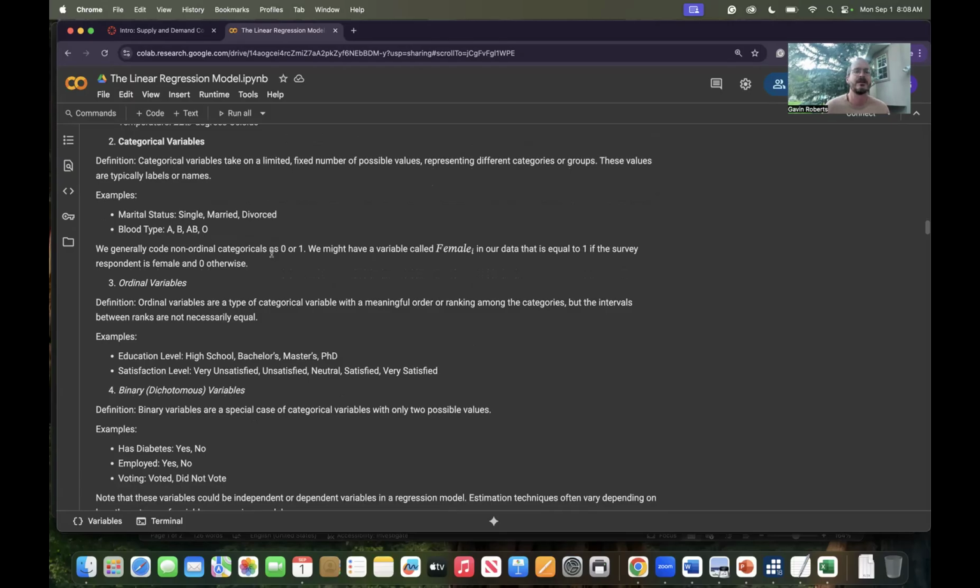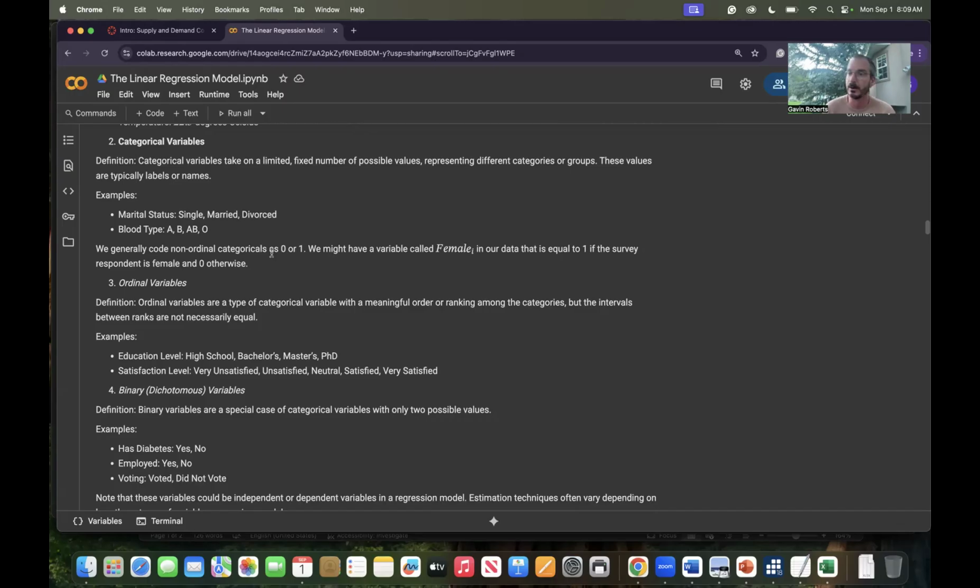Categorical variables take a limited and fixed number of possible values, things like labels or names. So marital status might be single, married, divorced; blood type, I said A, B, AB, O. We generally code non-ordinal variables as 0, 1, so that's like yes or no. You can think of it like, is your blood type A?